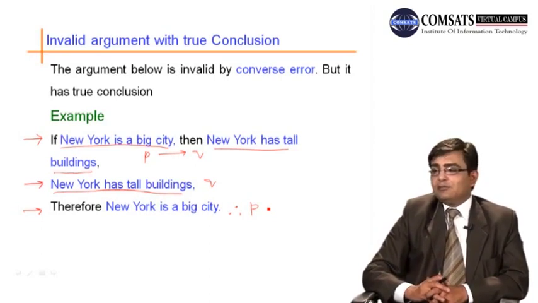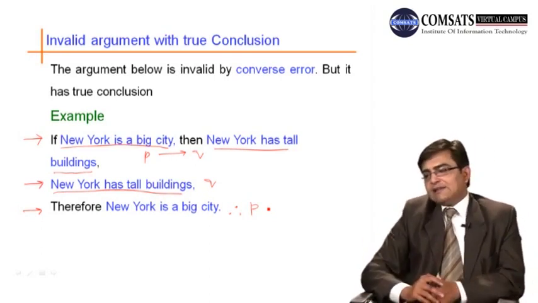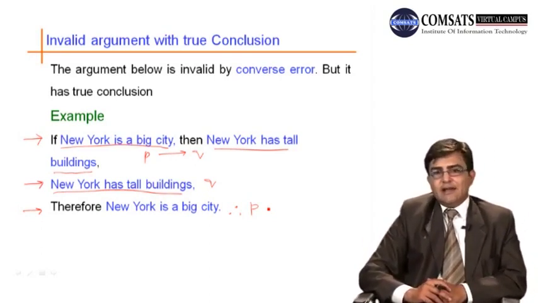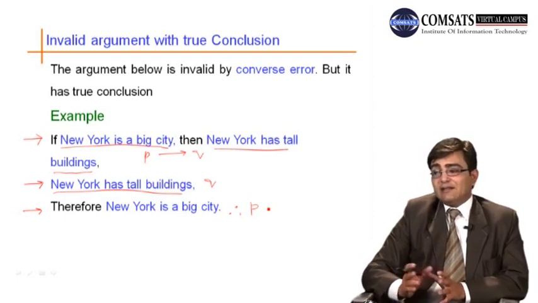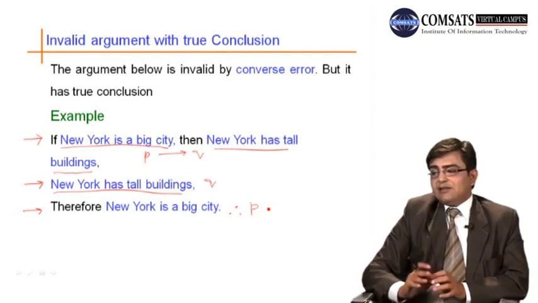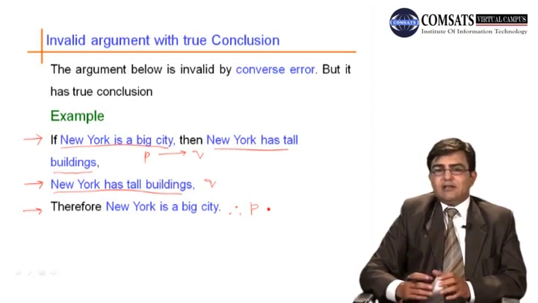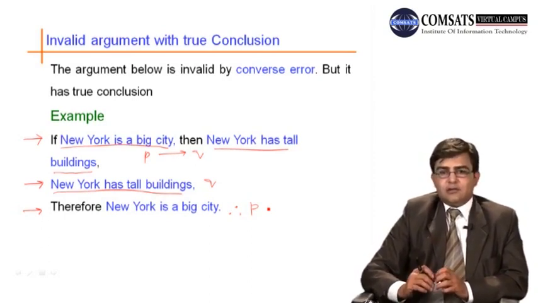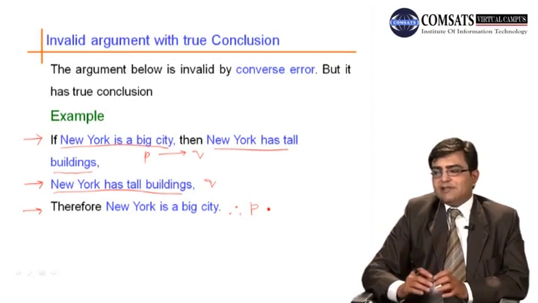New York is a big city, this is basically true. So the conclusion is true, but the form of this argument is not valid, because as we have studied, there is the converse error in this argument form. We have studied earlier the converse error. So this argument form is not valid, but the conclusion which we have drawn on the basis of true premises is true.